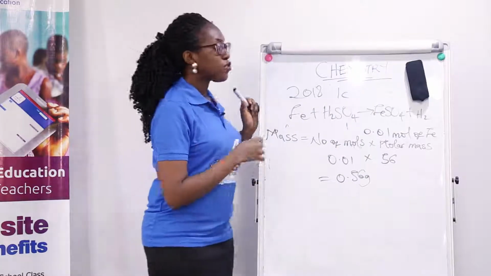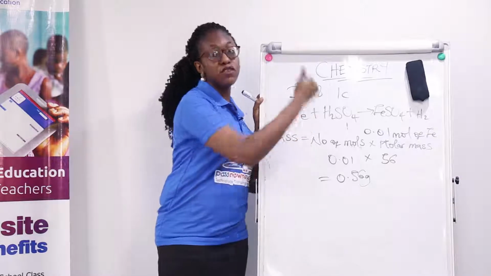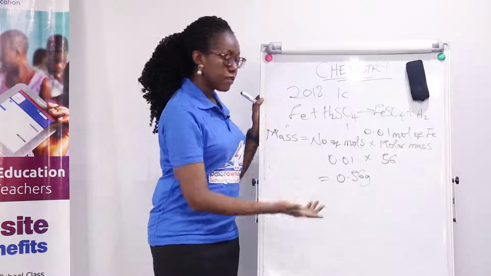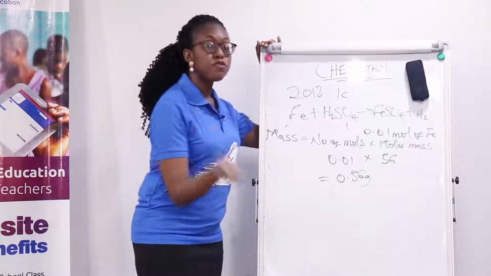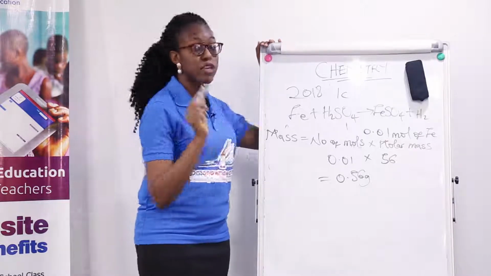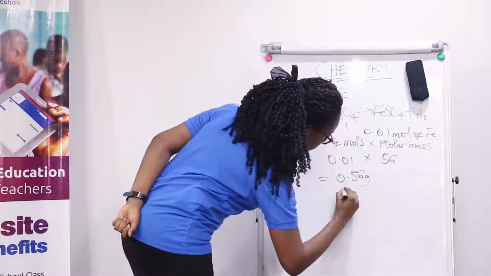But the question asked us to find the mass of iron that did not react, the unreacted mass. To do this, we'll have to subtract this from the total mass of iron given in the question, which is 5.0 grams.